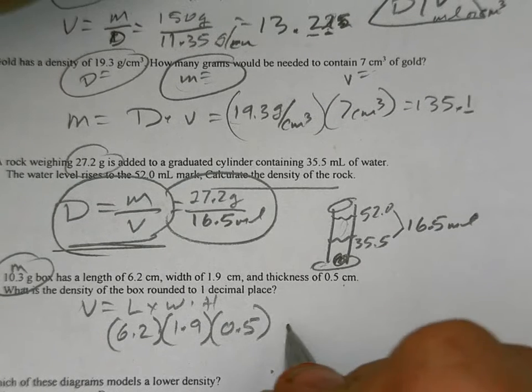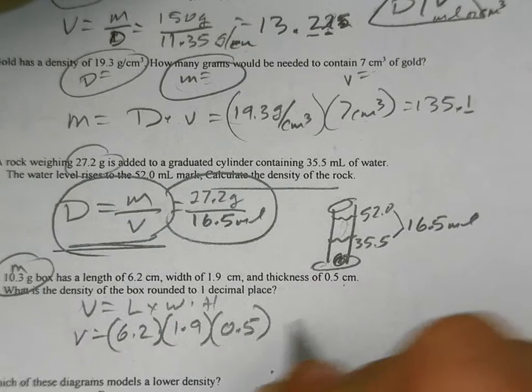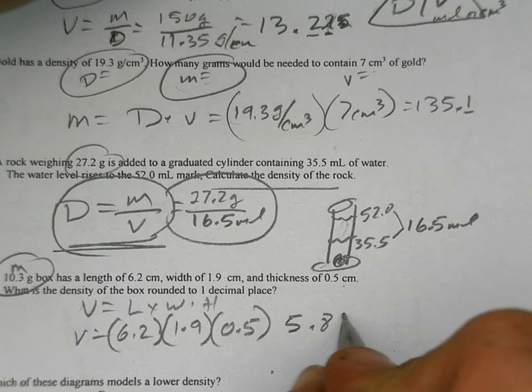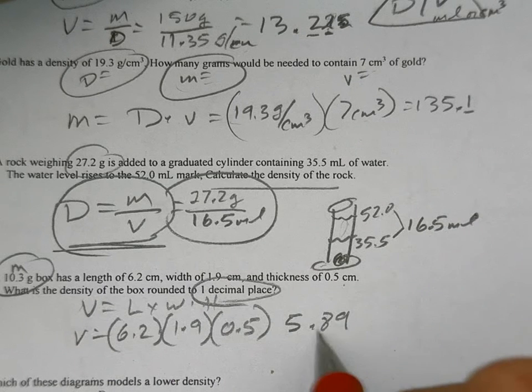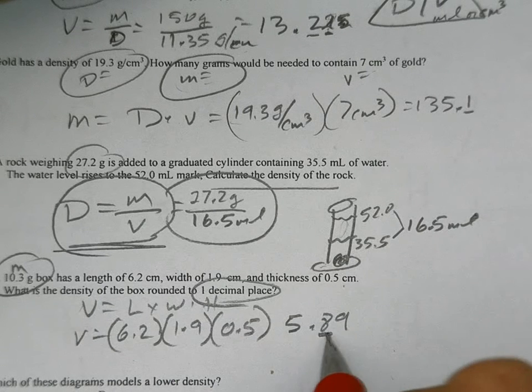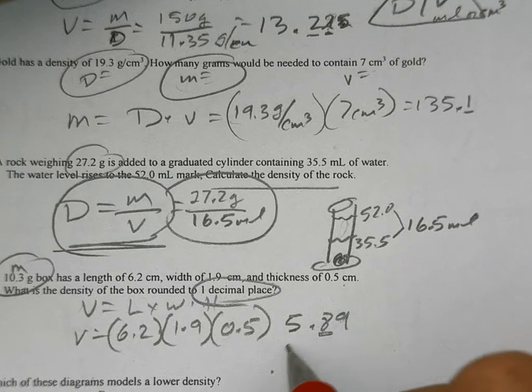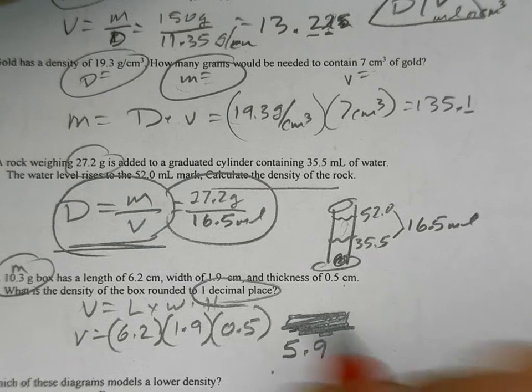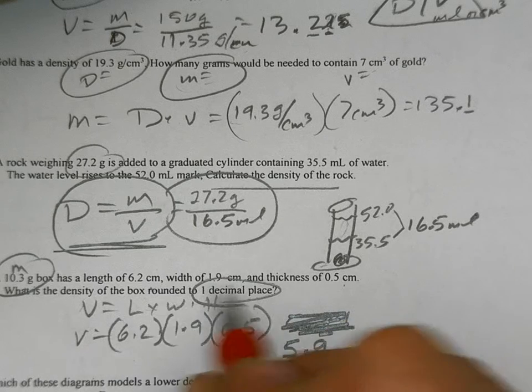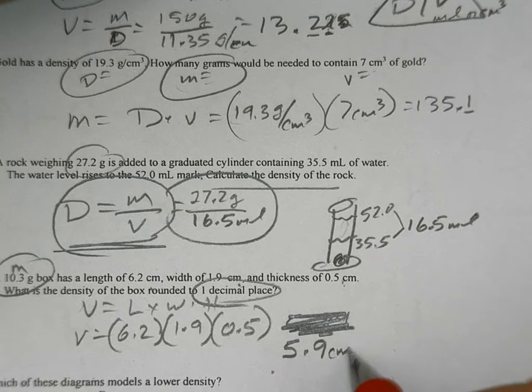I got the volume equals 5.89. Here it says rounded to 1 decimal place, so I'm going to round this answer to 1 decimal place. Since this is bigger than 5, our answer becomes 5.9. And this was centimeter times centimeter times centimeter, so that'll be centimeters cubed.